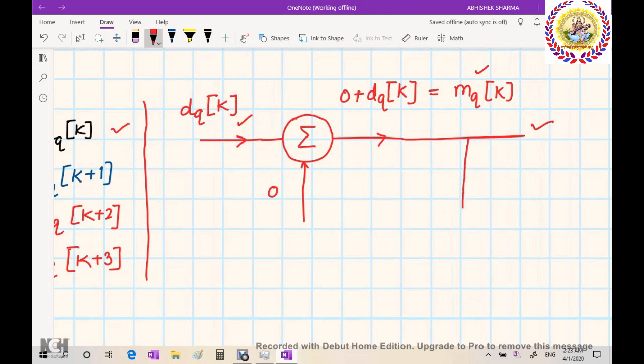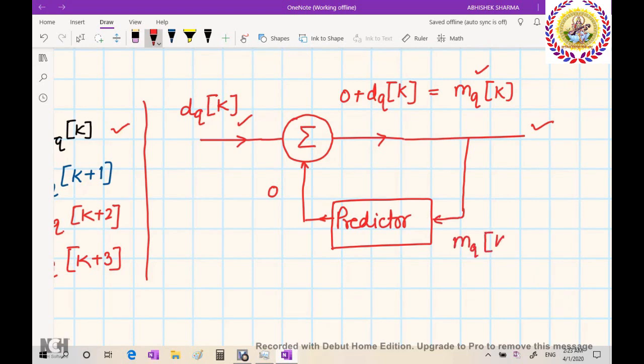Now this value again goes inside a predictor, and the value is mq(k). After the predictor, it will be the approximated mq(k).